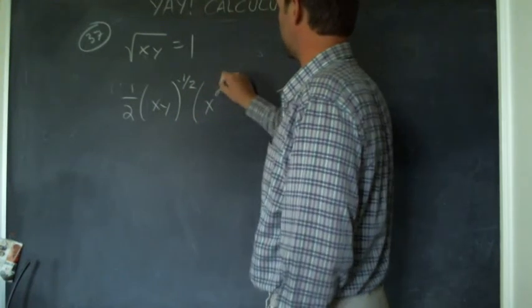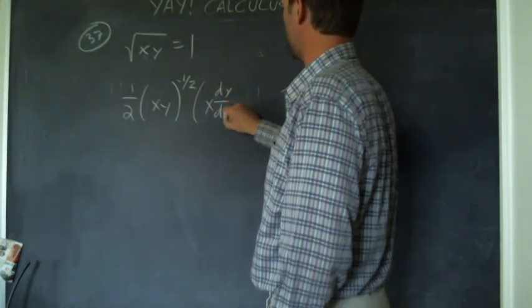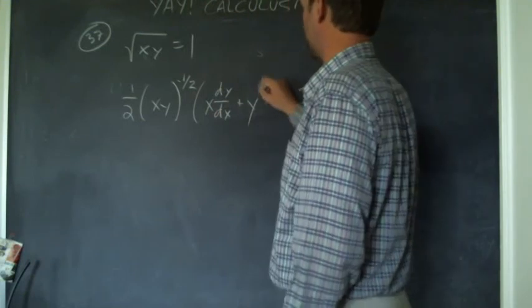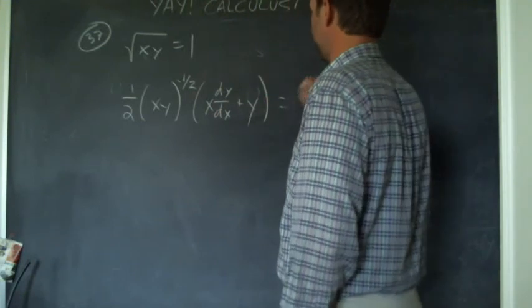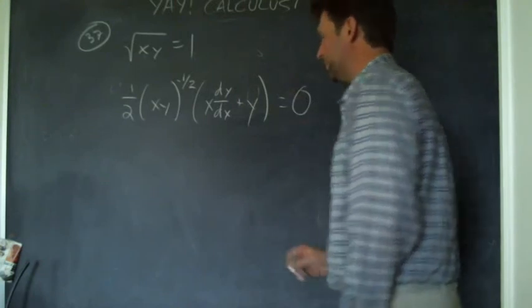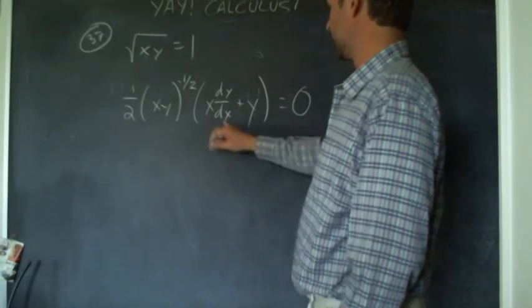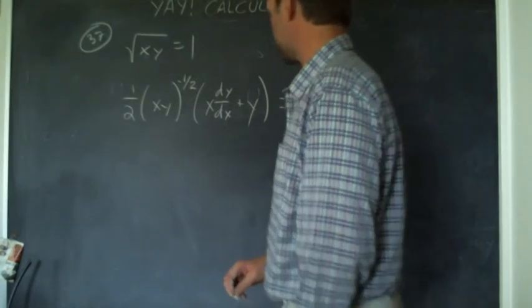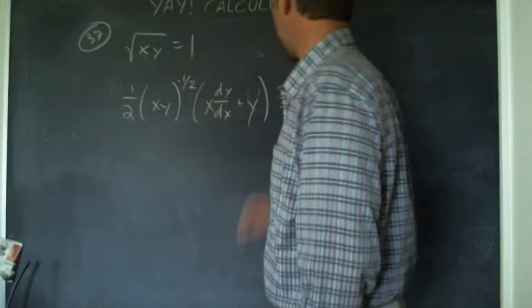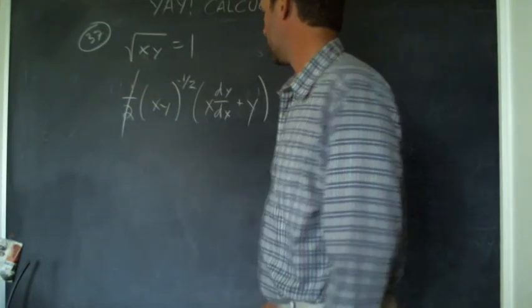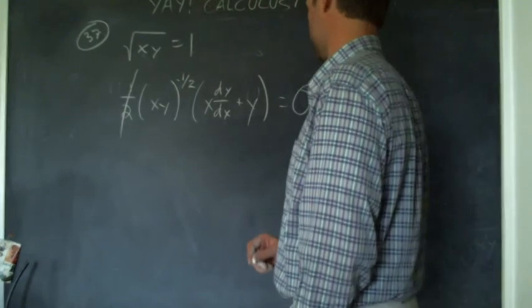So the first times the derivative of the second plus the second times the derivative of the first, which is just 1. There's the derivative. Alright, so we're going to get this all out by itself. 1/2 can go because we just have 0.